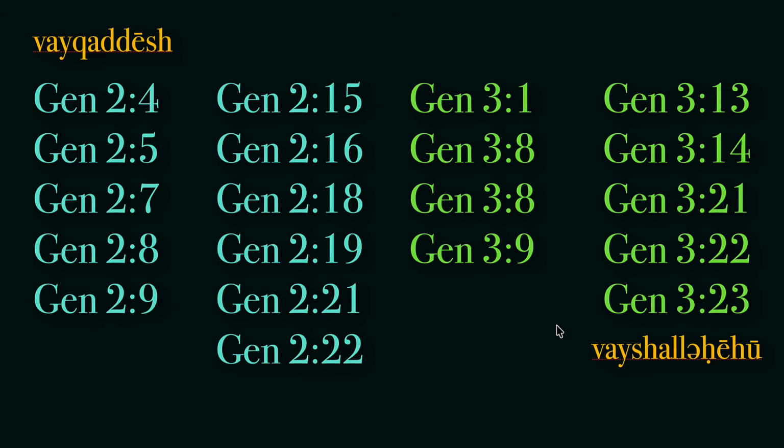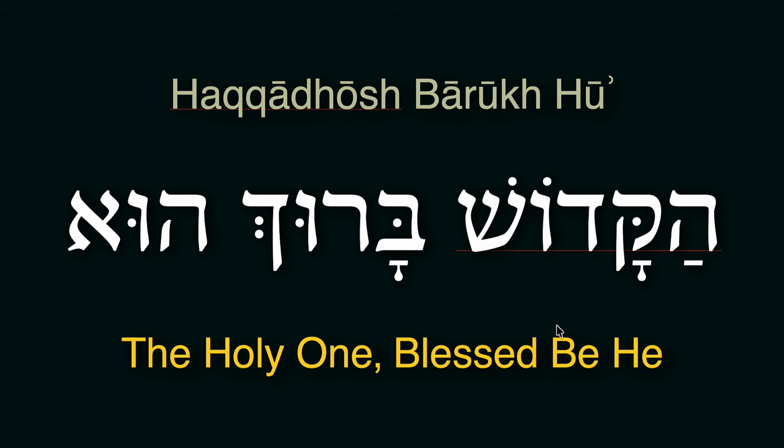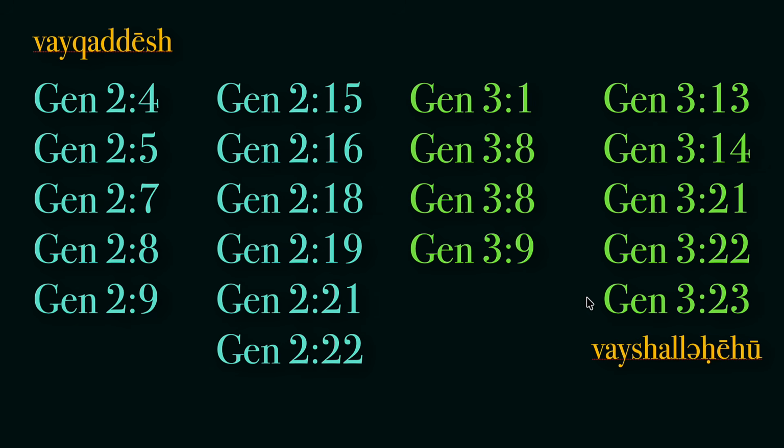So it clearly shows that the compound name is connected with Eden. As long as man is in Eden, the compound name was used, here at least in Genesis. Okay? And that is the real reason why, without sanctification, Hashem's name was not introduced.